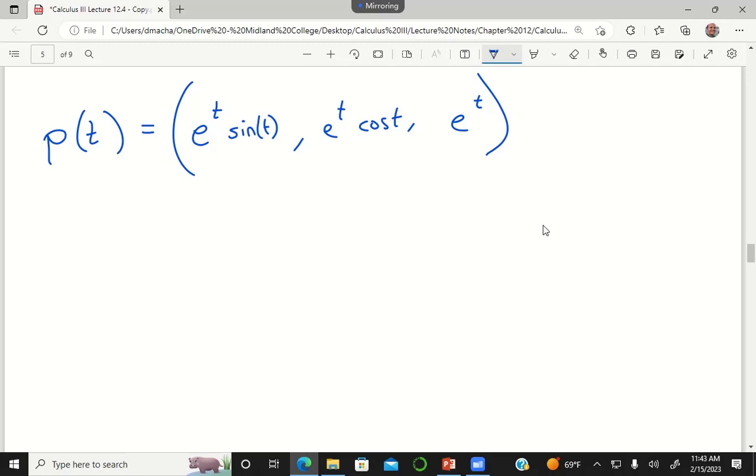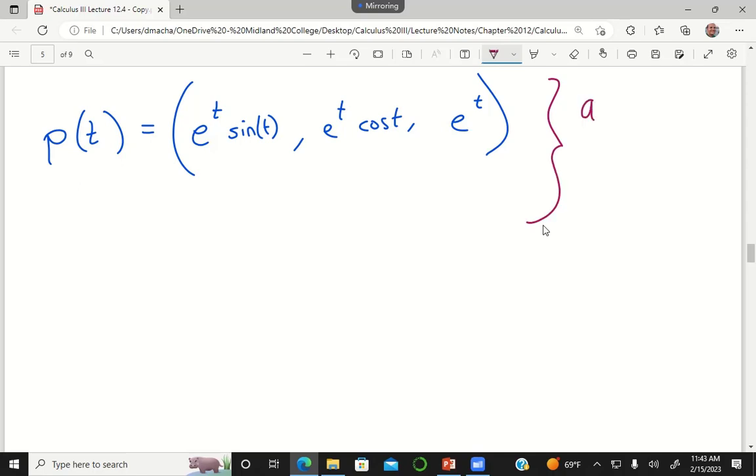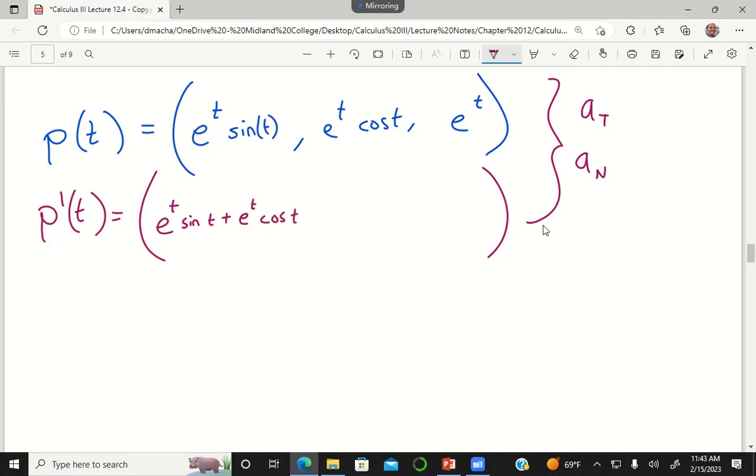My goal here in the end is to define what is a sub t and a sub n. The first step is going to be calculating the derivative. I've got to use product rule. So it's e^t sine t plus e^t cosine t. And then for my y component, it's e^t cosine t plus e^t sine t, and then e^t.